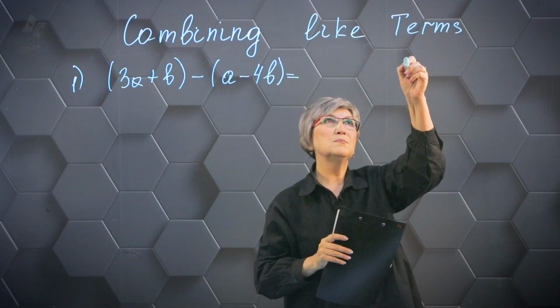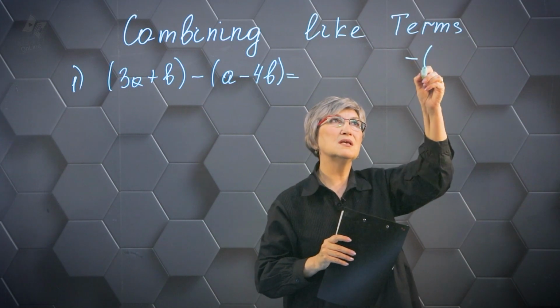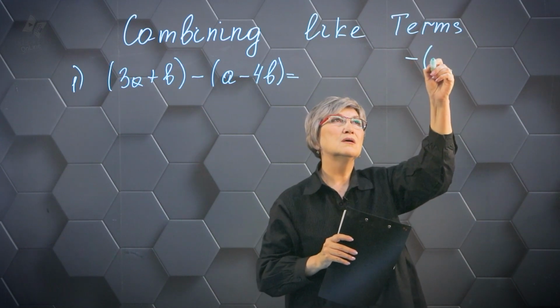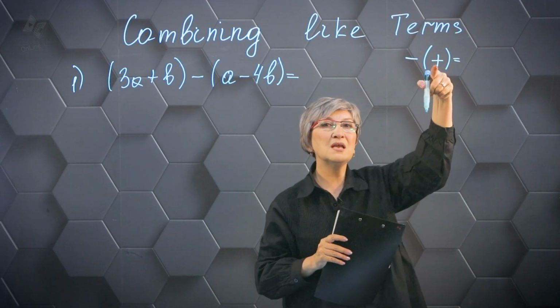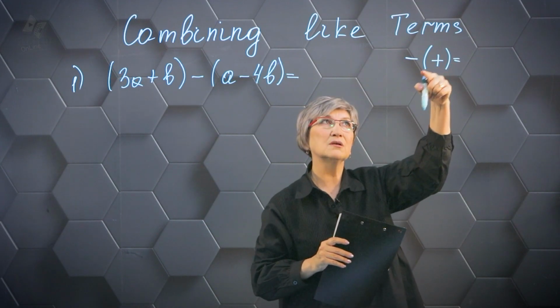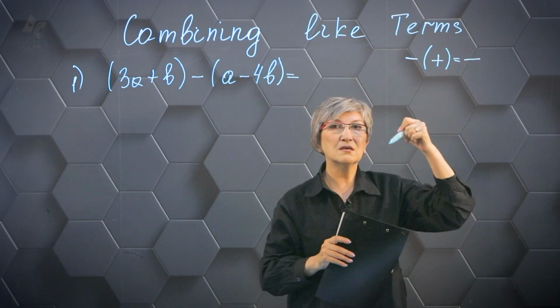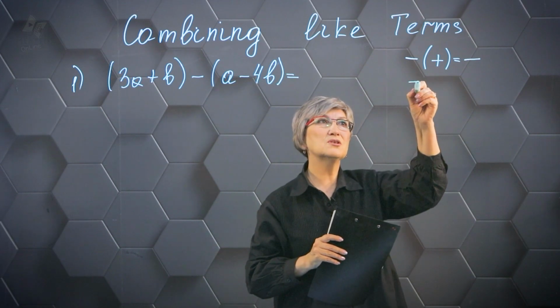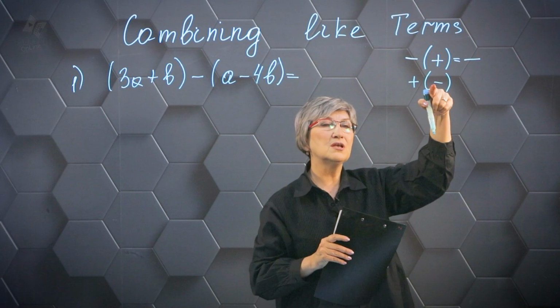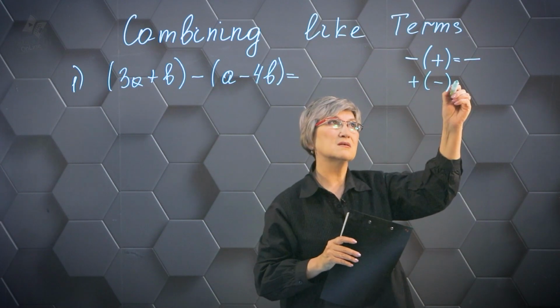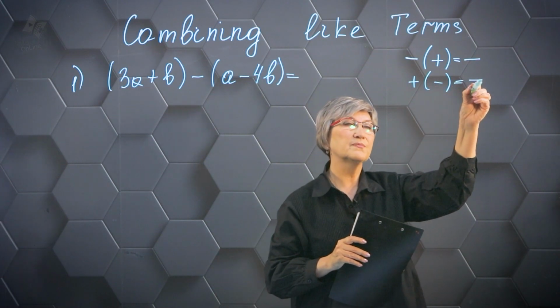If there is a minus sign in front of a parenthesis, then inside the parenthesis the sign is reversed. If there's a plus sign in front of the parenthesis, then inside the parenthesis the sign does not change, so the result is minus.